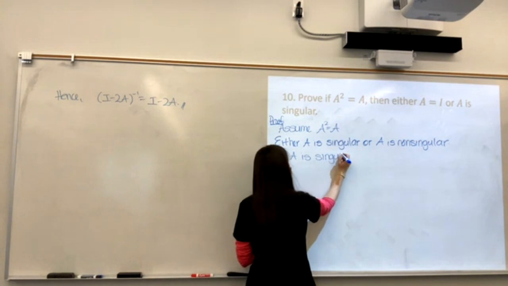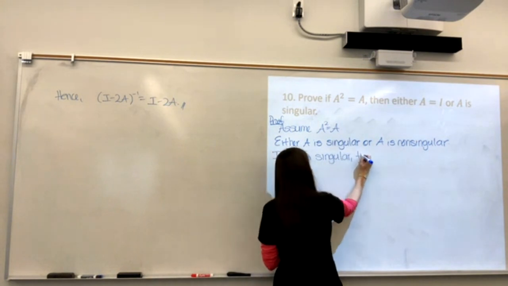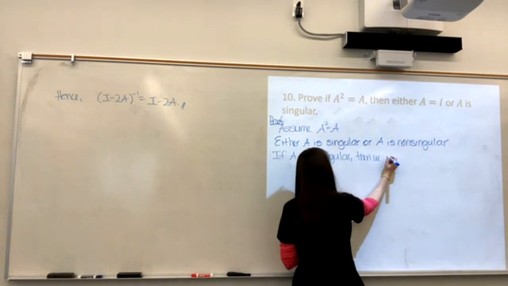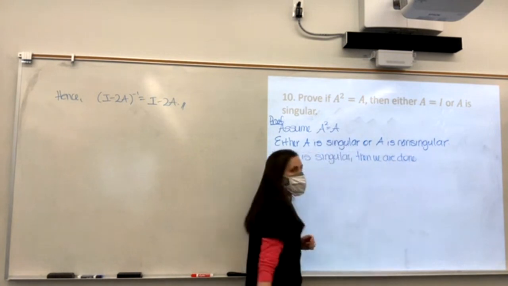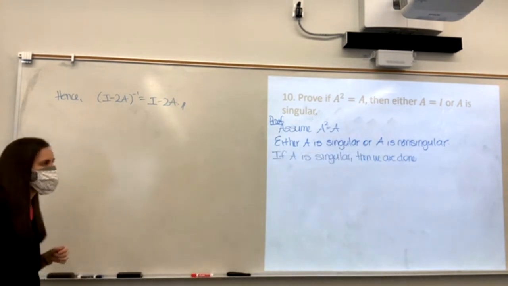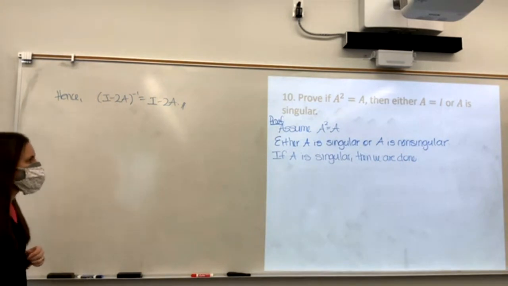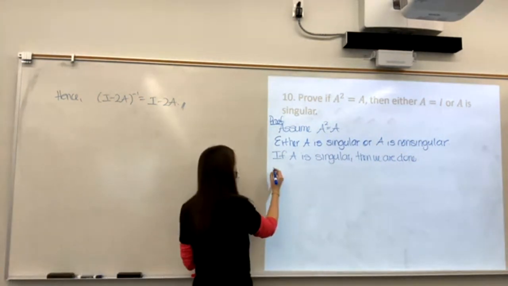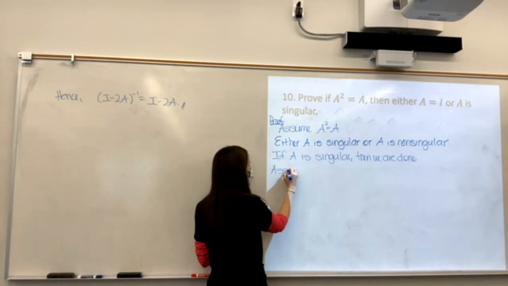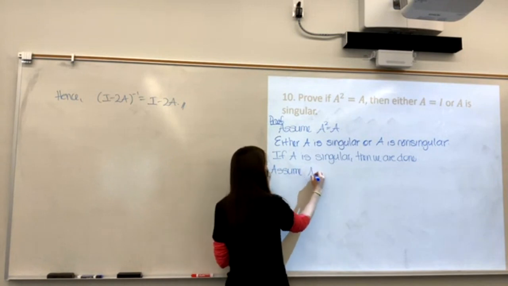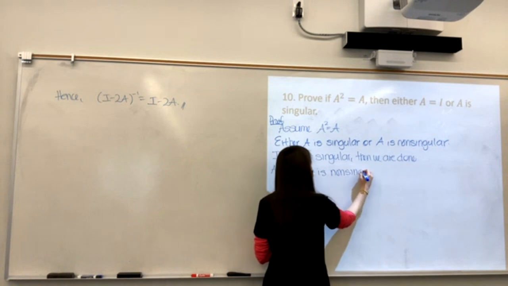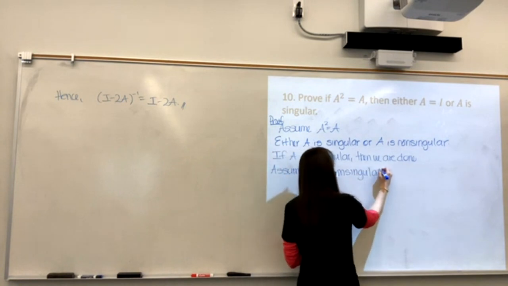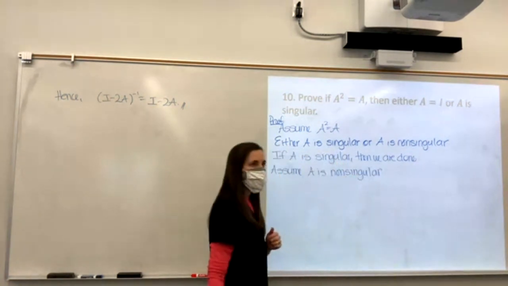So if A is singular, then we are done. Nothing to do. So assume that A is non-singular, in which case we've got to show it's the identity.